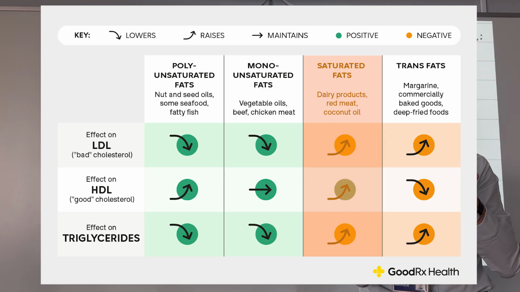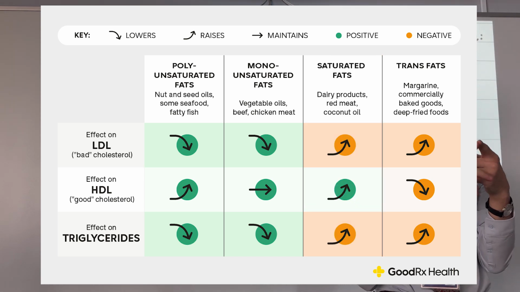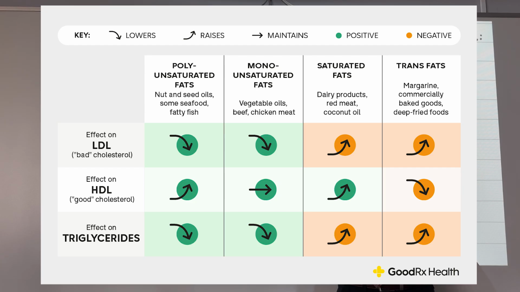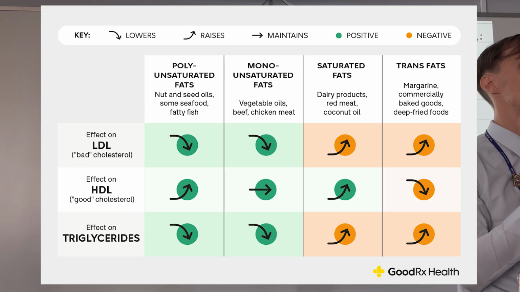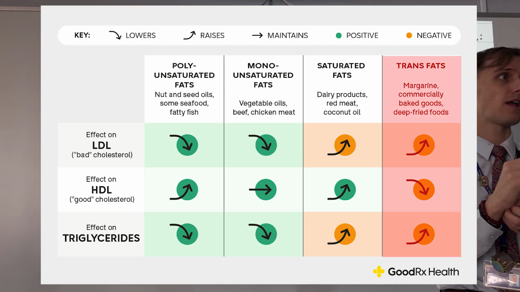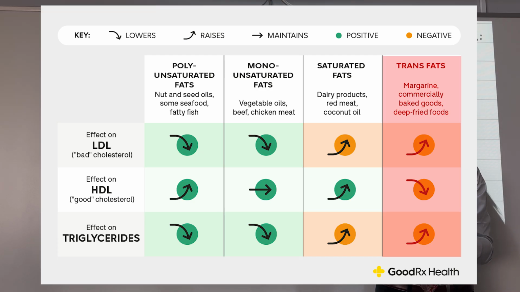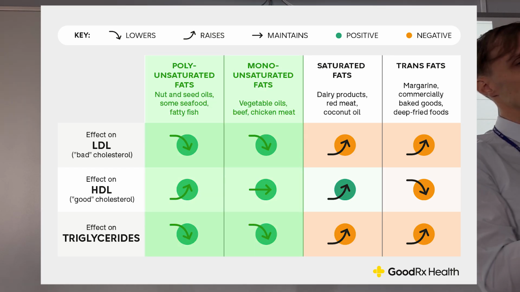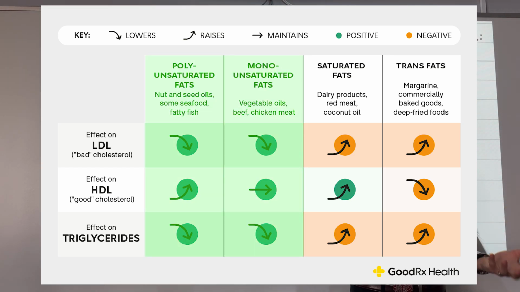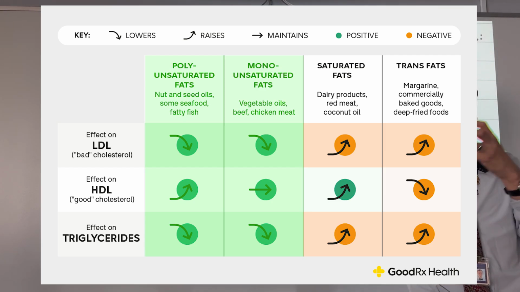So, saturated fatty acids that are derived from animal sources actually promote LDL more than HDL, and the one that has the highest impact is trans fats. Trans fatty acids promote LDL significantly. This is why they're sometimes referred to as bad fats. Unsaturated fatty acids that are derived mainly from plant sources, things like plant oils, actually promote HDL.